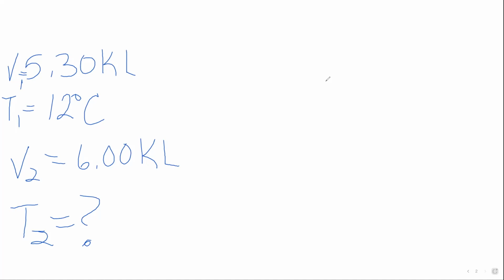Therefore, the formula would be normally, right? V1 over T1 equals V2 over T2. Like I said, I like to make this linear so it's easier to solve.